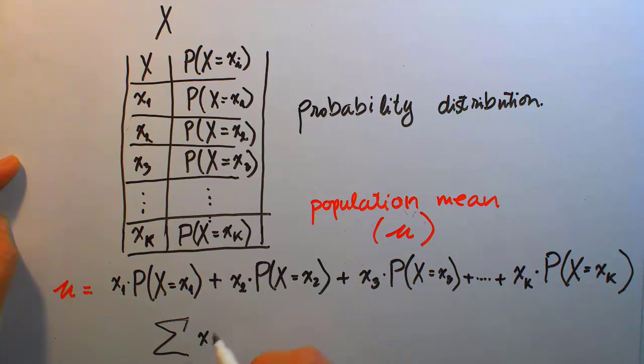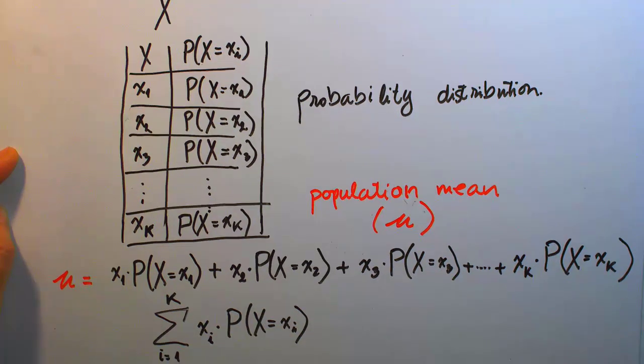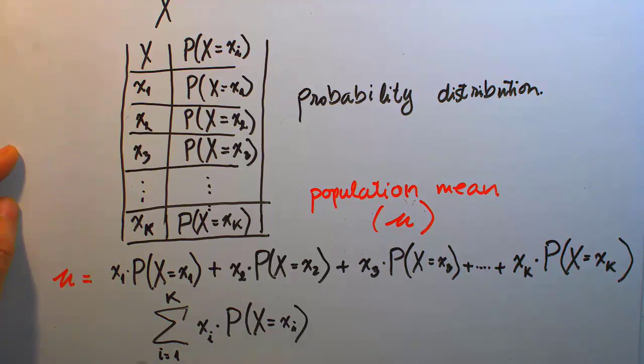So that same formula is now written as x of i multiplied with the probability where X equals x of i. So each of these pairwise products are being summed up from the beginning index 1 to the last index k right here. And so this summation formula gives the exact same answer of the population mean.